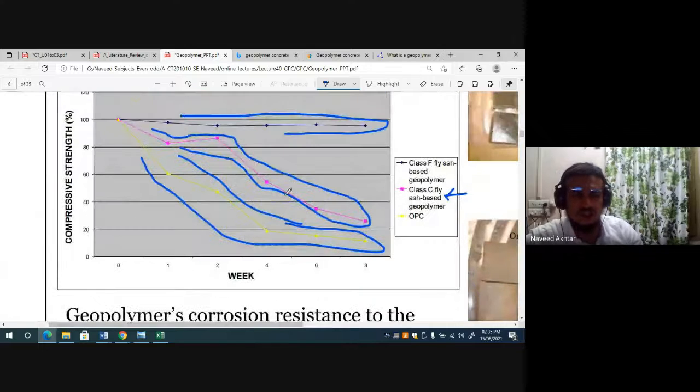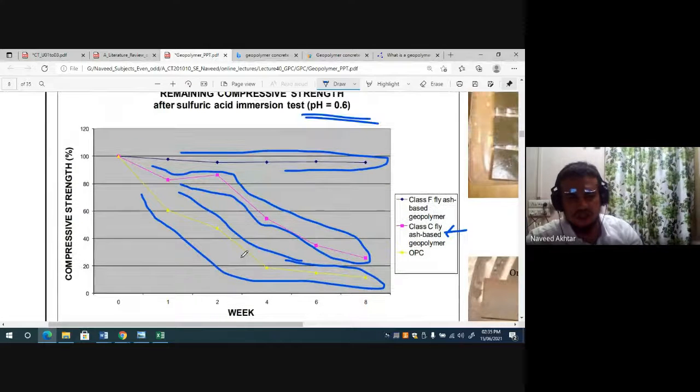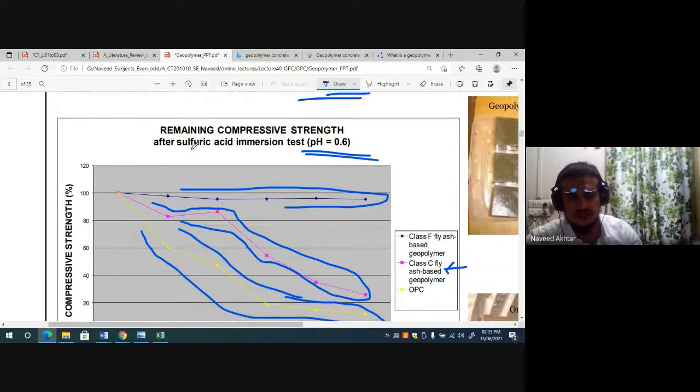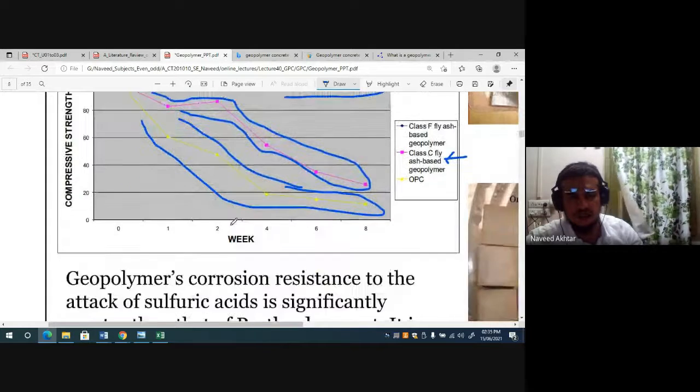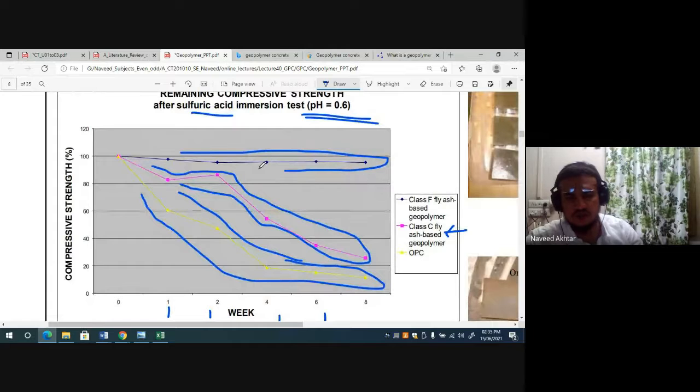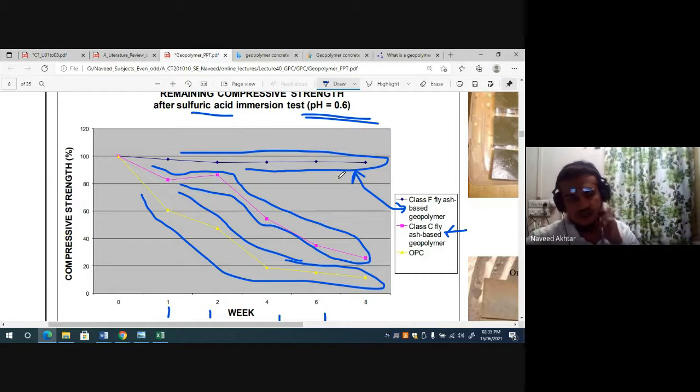The compressive strength is reducing as it is immersed in the sulfuric acid for 1 week, 2 weeks, 3 weeks, 6 weeks, and 8 weeks. So the geopolymer concrete with the class F fly ash gives the best result, and there is no such impact or reduction of the concrete.